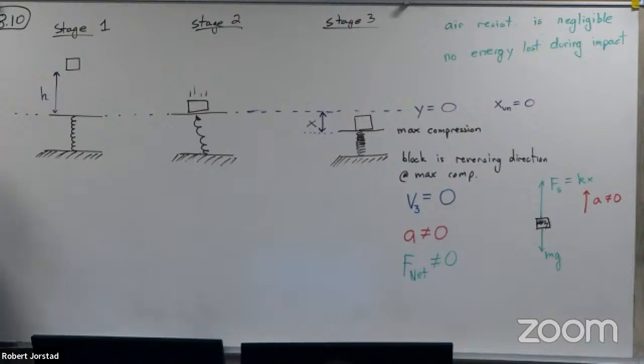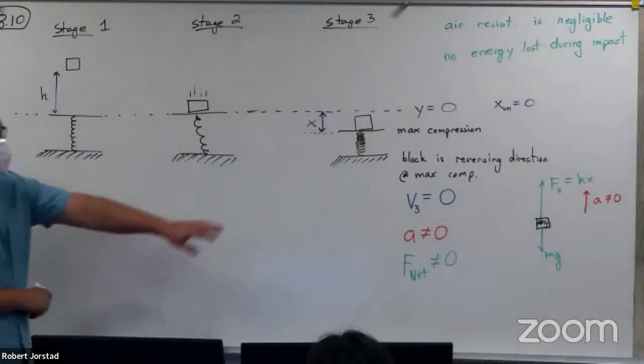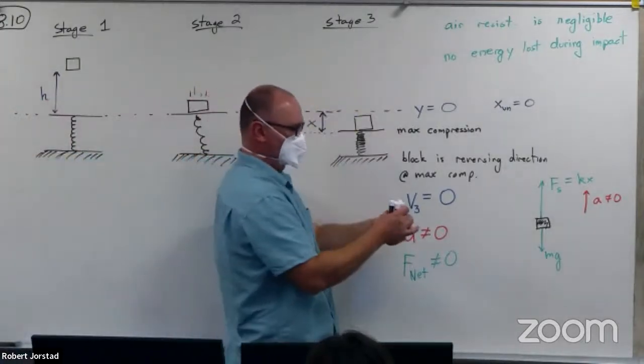In this problem, we might have gravitational energy, we might have spring energy, and we might have kinetic. So we got all three. What about work done? Do we need to worry about work done? What do you think? No, that was the point of these comments up here.